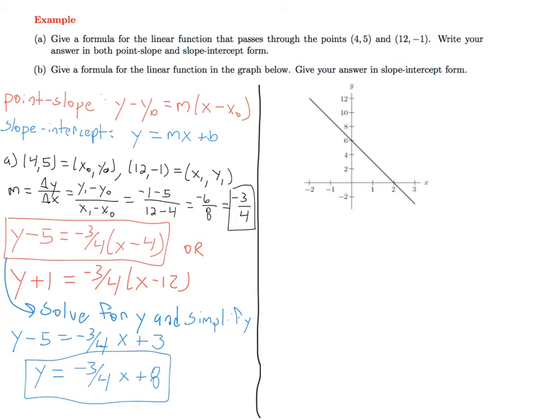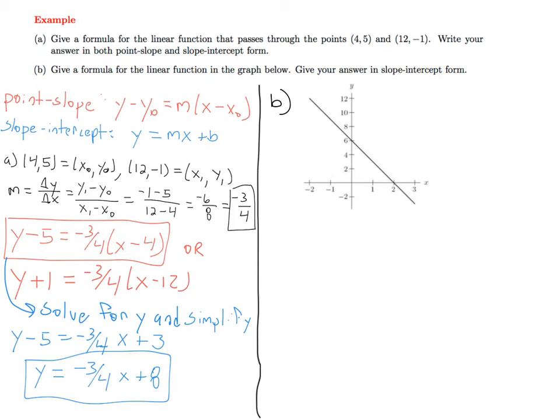Okay, and now this is a unique way of writing this. If I would have started with the other point-slope form and eventually simplified, I would have gotten the same slope-intercept form. Okay, and now looking at the next one in part B, here we're given a graph.